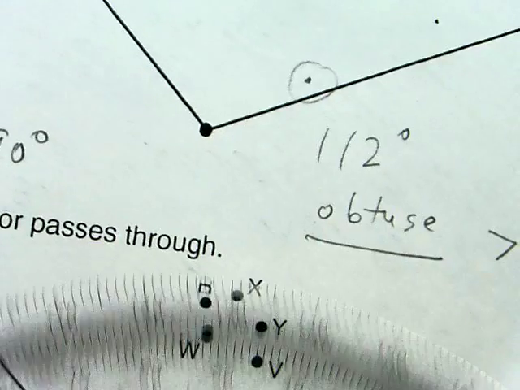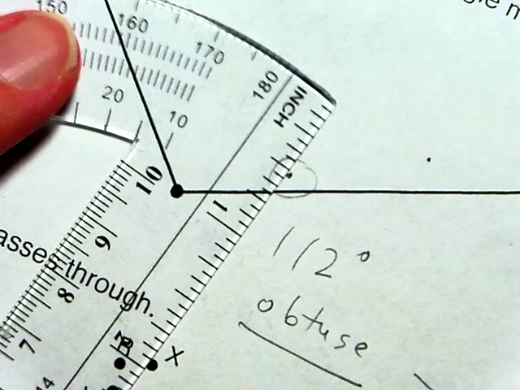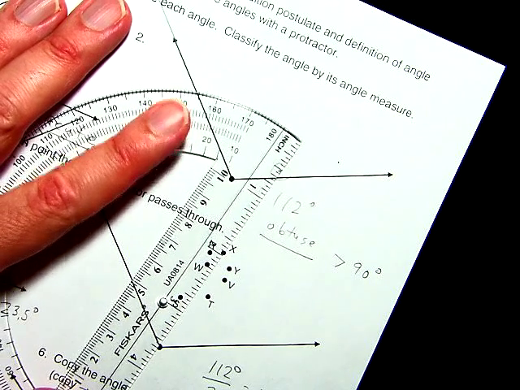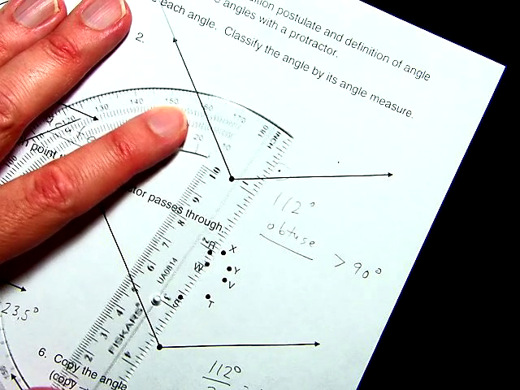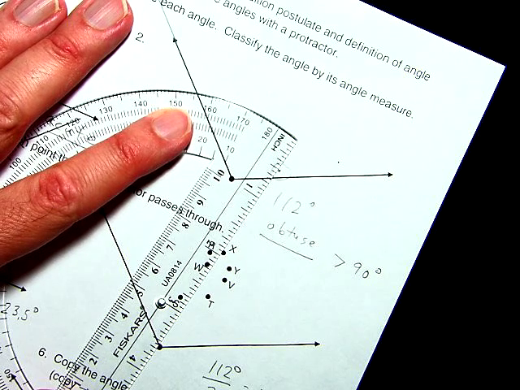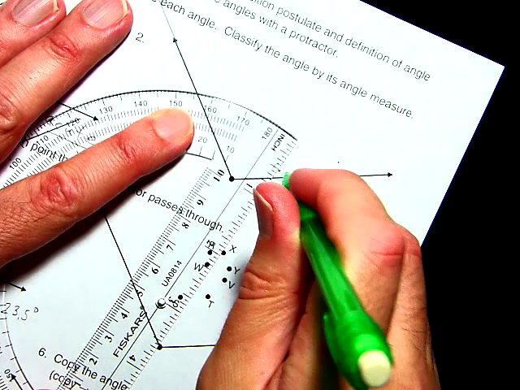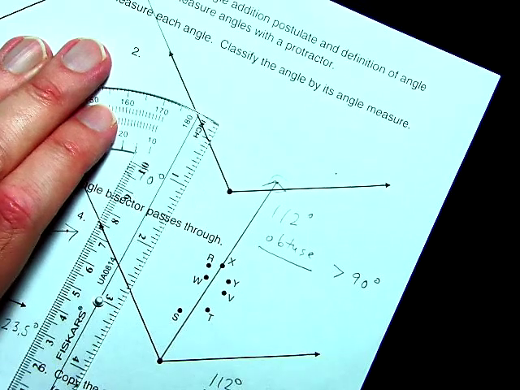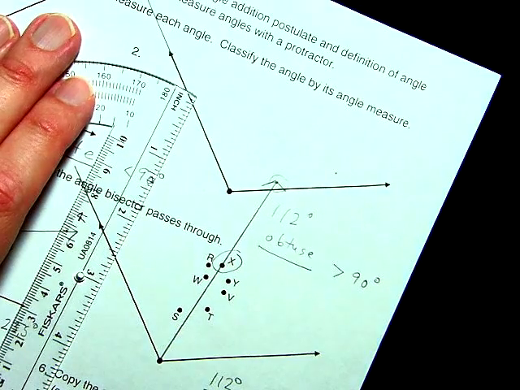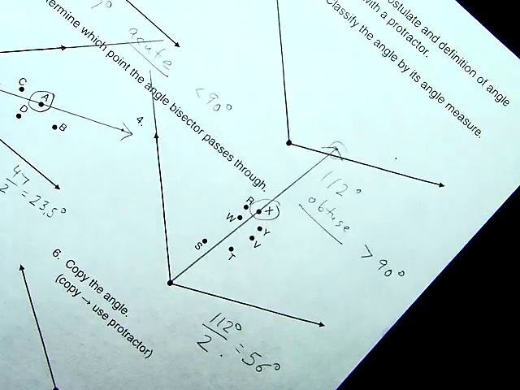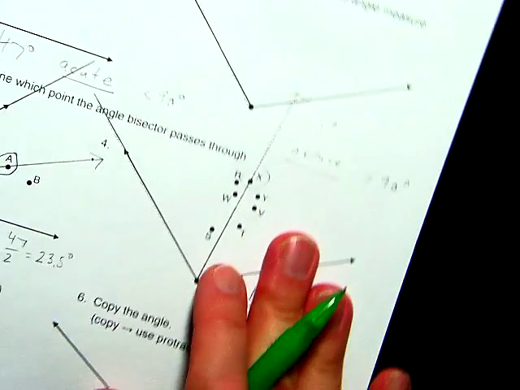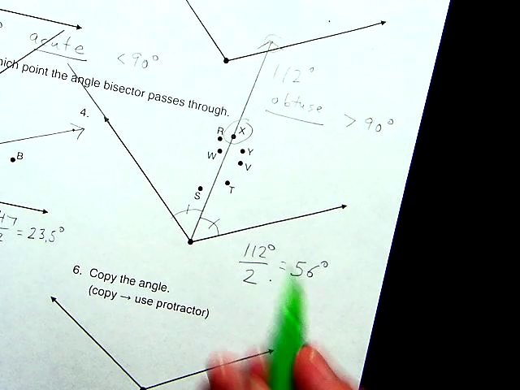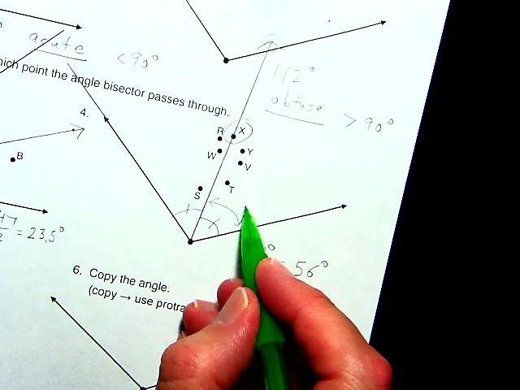I'm going to now take my straight edge and connect that point to the vertex here, and construct my angle bisector, and we see it goes right through point X. Okay, so if we take a look at our angle, we've got ourselves an angle bisector. This angle is equal to this angle, and each of these angles is 56 degrees.